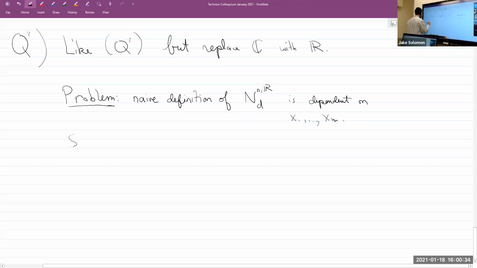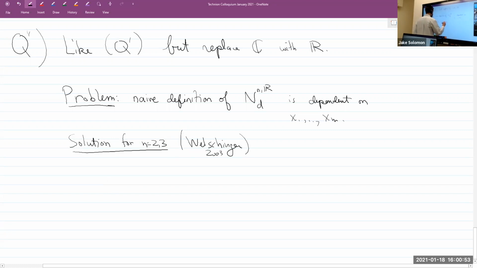Okay, so the solution for dimension 2 and 3 is essentially due to Welschinger, although I'm going to say it in a somewhat different way than he did. This is around 2003-ish.